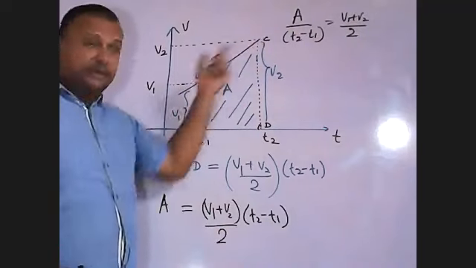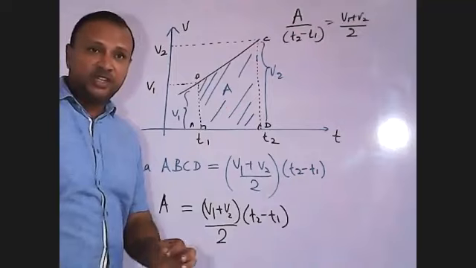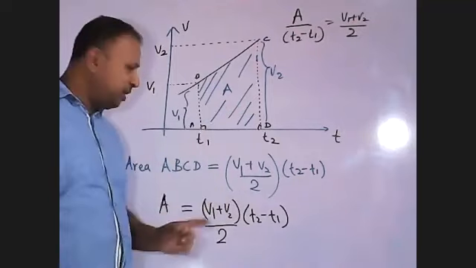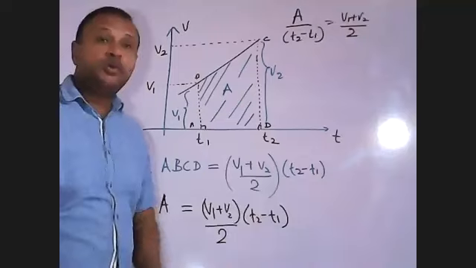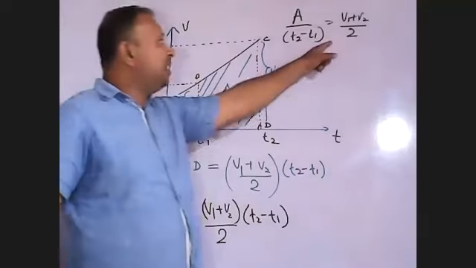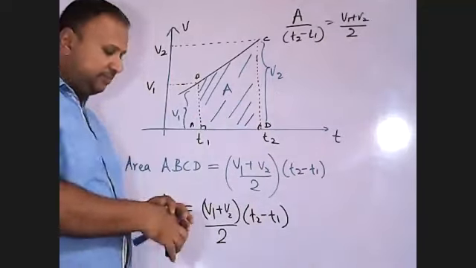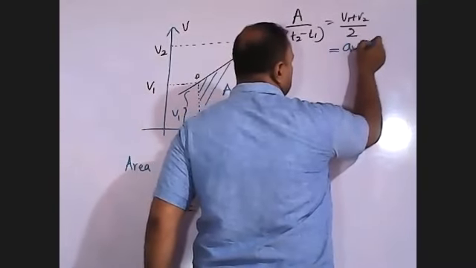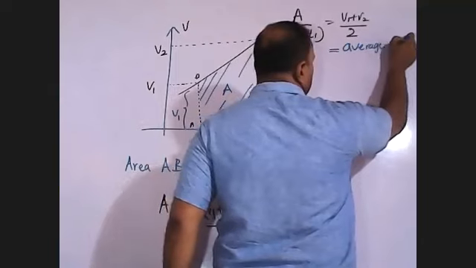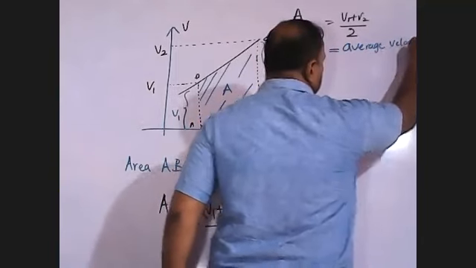This is a constant acceleration condition. For constant acceleration, V1 plus V2 over 2 should be equal to the average velocity.